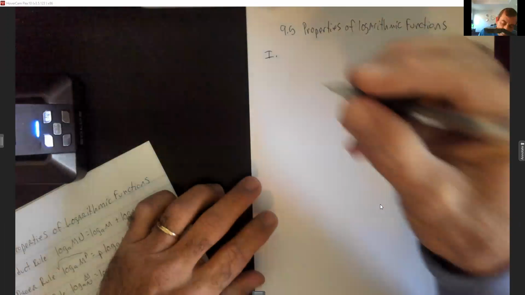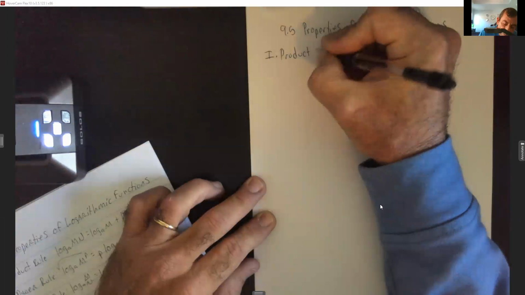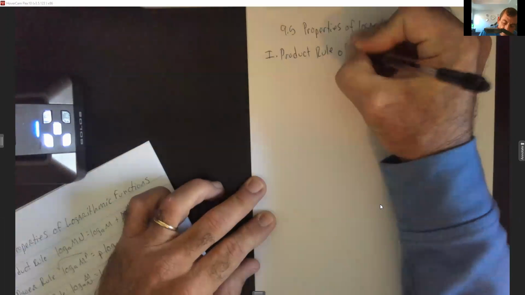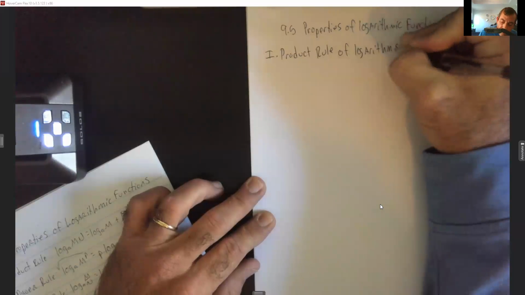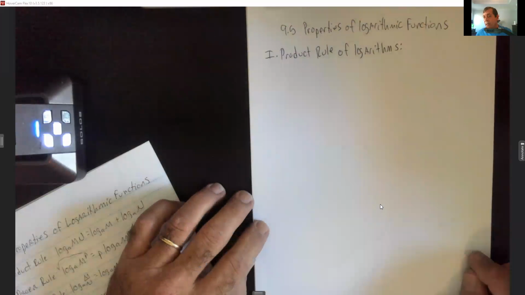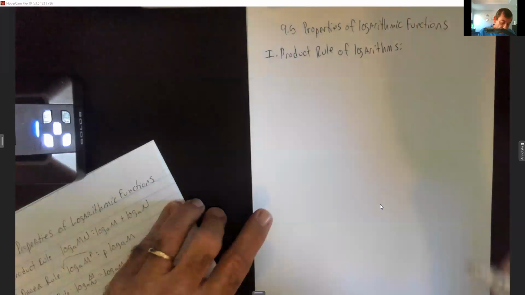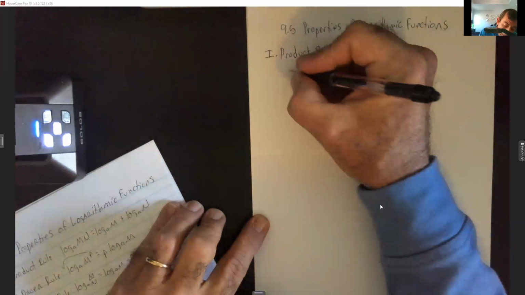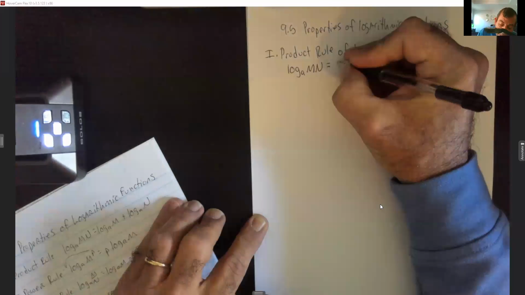So the first one we got is what we call the product rule of logarithms. And remember, since logarithms are really exponents, these are going to mimic your exponent rules. The product rule of logarithms says if I got the log of a product, I can rewrite that as a sum of the logs.